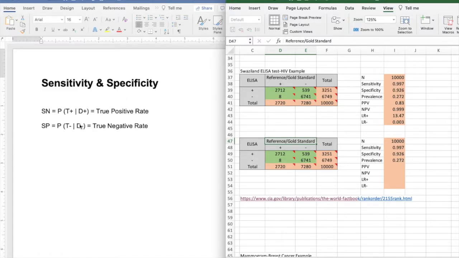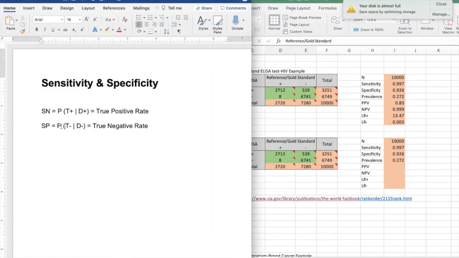What we actually want to know is the opposite of this. We want to know the probability of the disease given the test result. So we're in clinic, we do a test, we get a positive or a negative. We want to know then, based on this positive or negative result, what's the probability of disease?